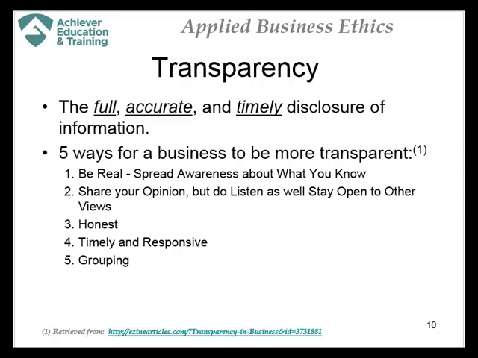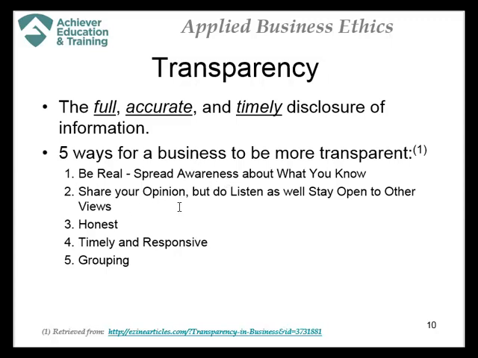And you can see there are 5 ways for a business to be more transparent. The term being real is just recognizing that you employ humans, and you're not some big giant corporation where no one understands who the people are that work there.